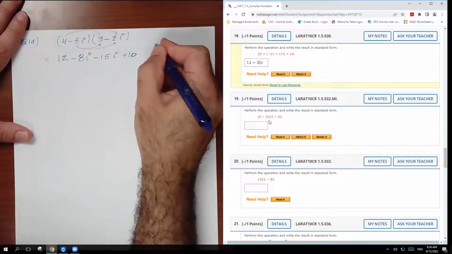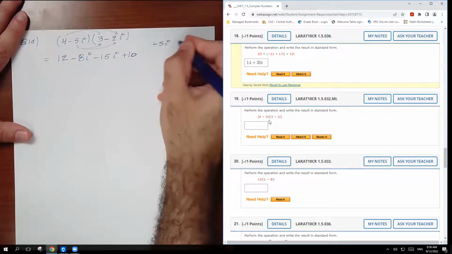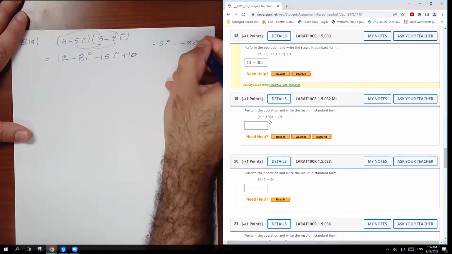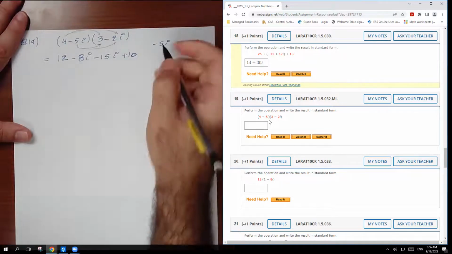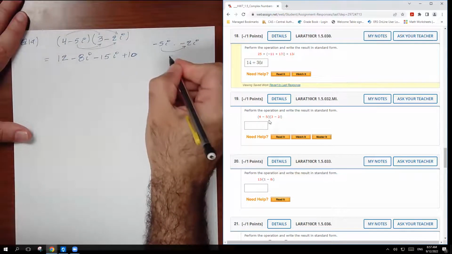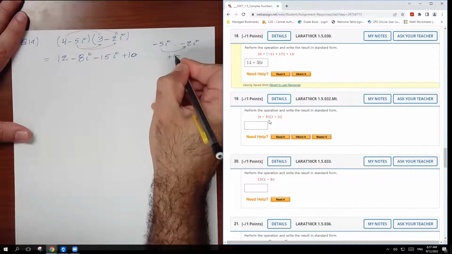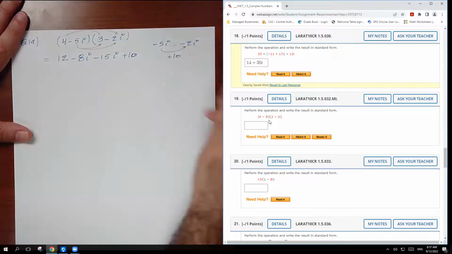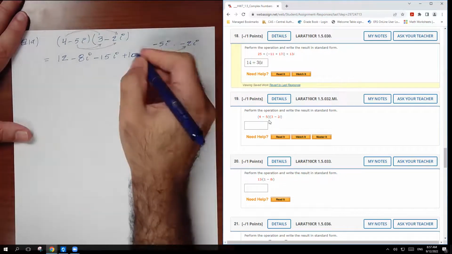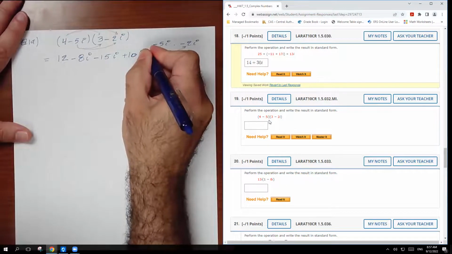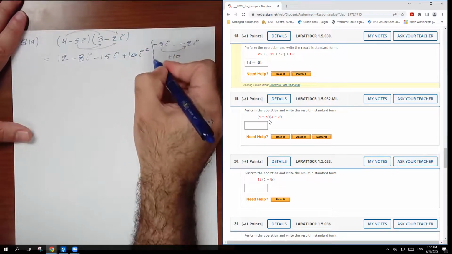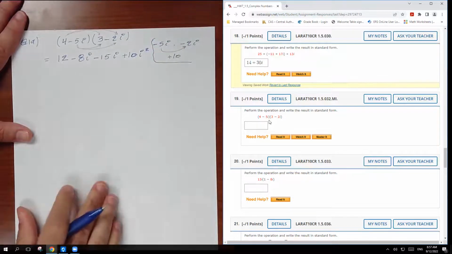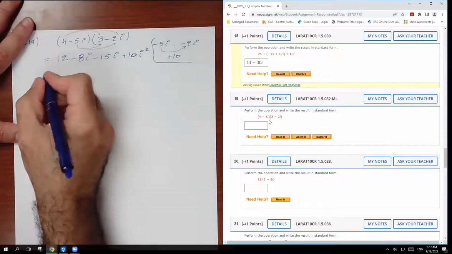Positive 10, because negative 5i times negative 2i. When you multiply these two numbers, negative times negative is positive, 5 times 2, 10. Now i times i is going to be i squared. Now let's go to the next step.